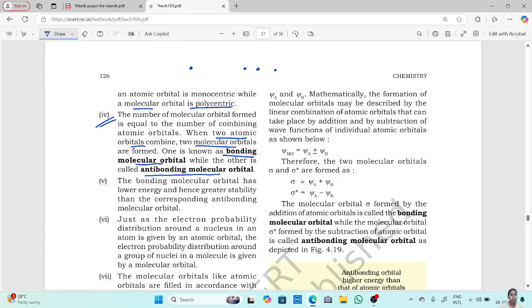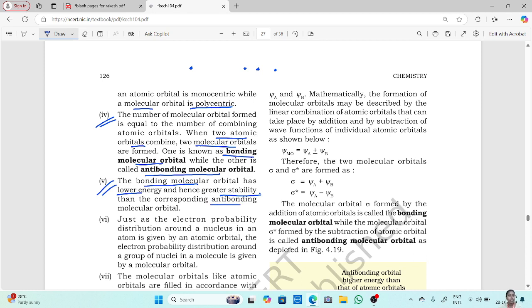Now, the bonding molecular orbital has lower energy and hence greater stability than the corresponding antibonding molecular orbital. Since they have low energy, their stability is also greater.